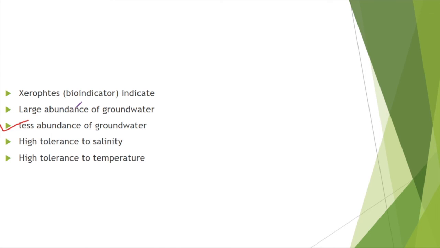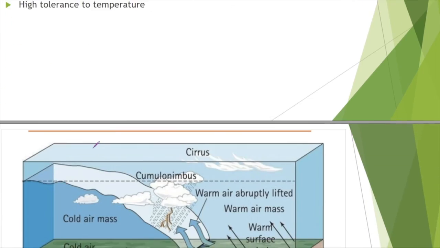So they take water directly from the aquifer or saturated zone. So these are basically bioindicators which tell about the groundwater condition over that place. If we talk about high tolerance of salinity, these are called halophytes. So the right answer in this case is less abundance of groundwater.